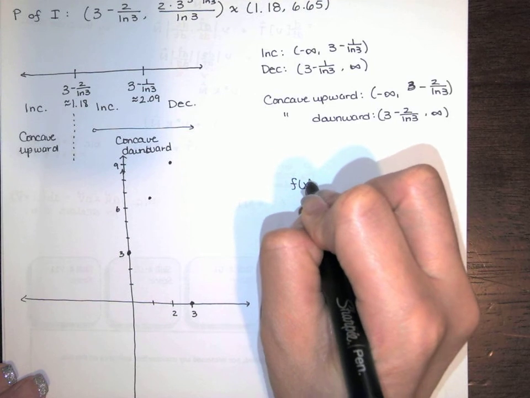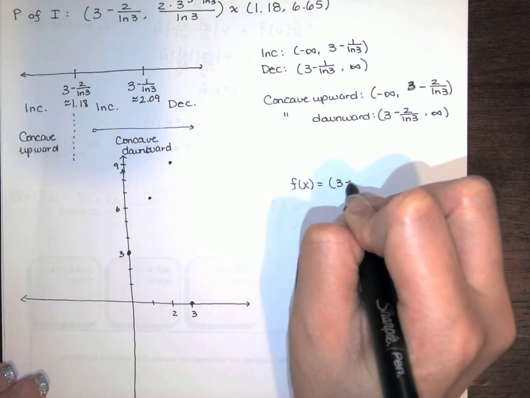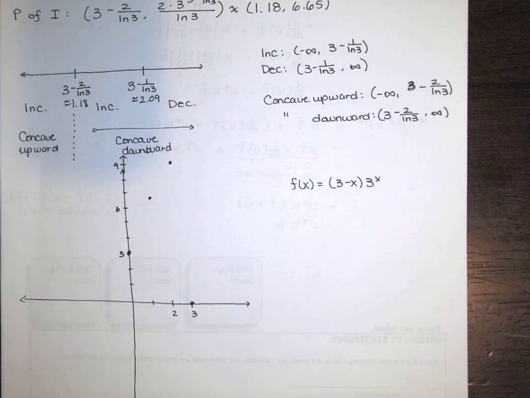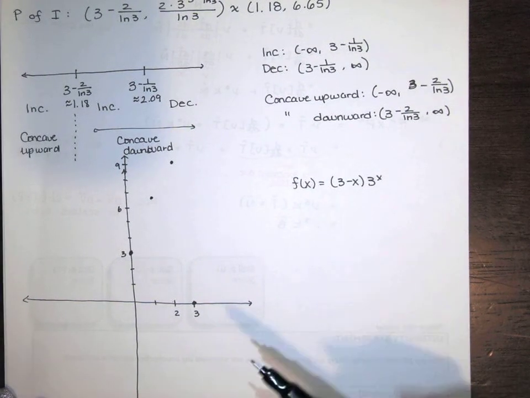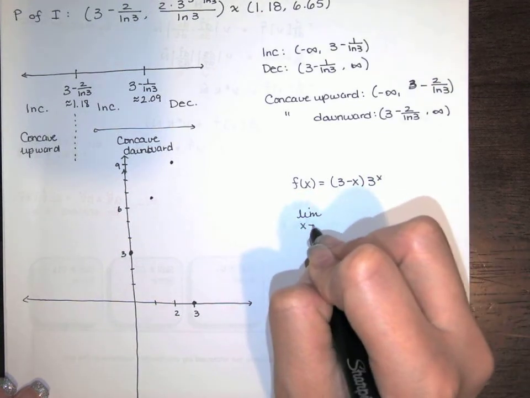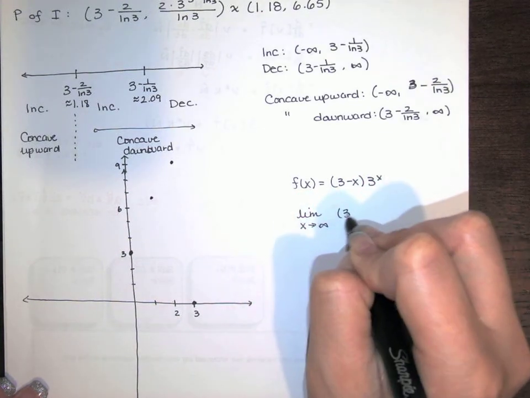And our function was (3 minus x) times 3 to the x. So I can actually infer end behavior as well. The limit as x goes to positive infinity of this.